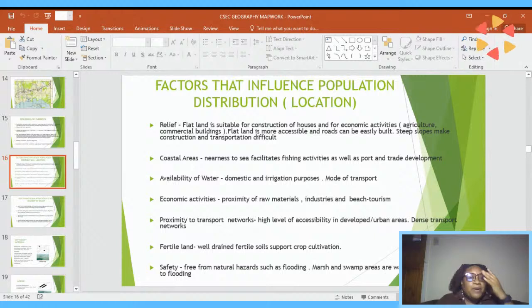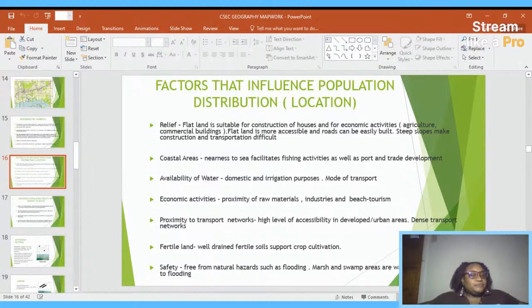Another thing is the availability of water. So on your map, how would you identify availability of water? Anybody have an idea? If you are given this map, how do you tell that there's availability of water? Water is very important, right?